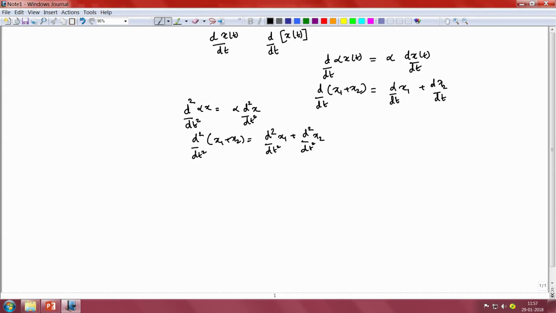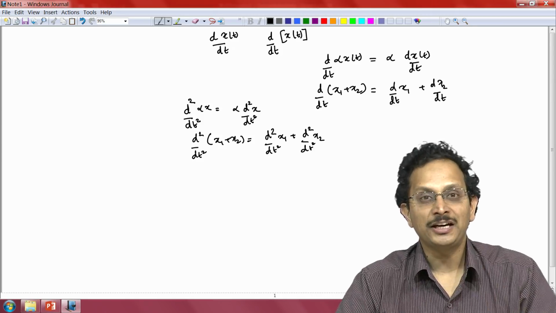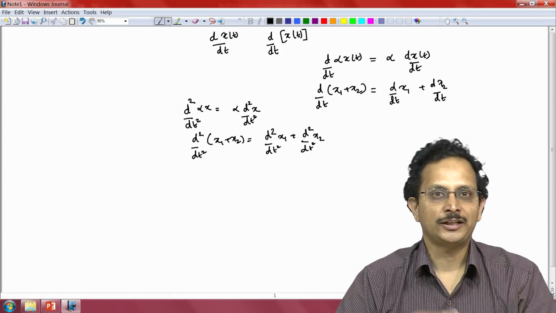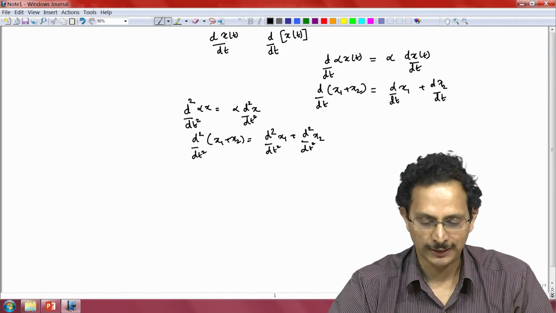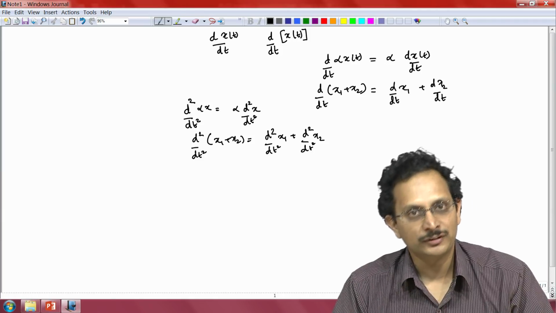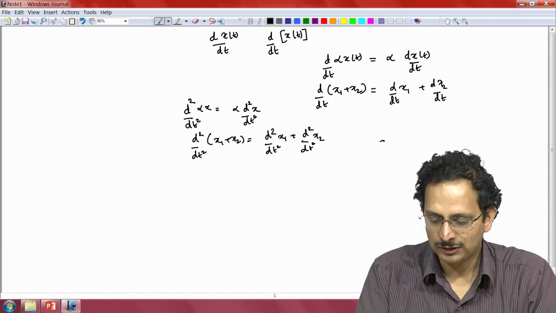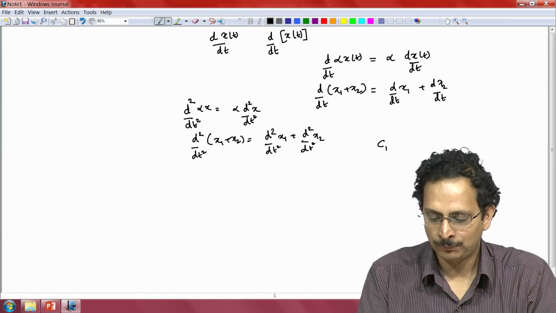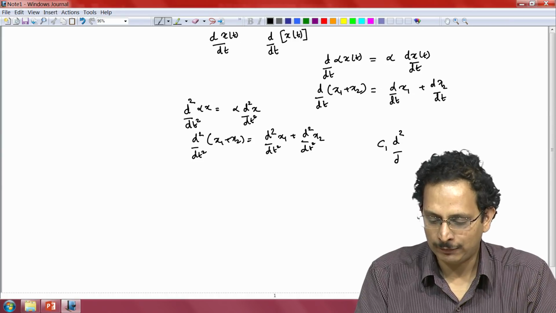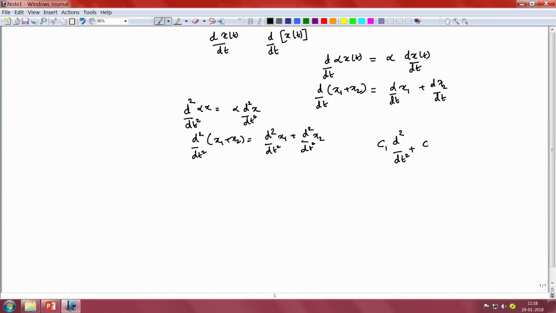So we have found two other operators, namely a differential operator and a second derivative operator, both of which satisfy additivity and homogeneity. How about a linear combination of these operators? So for example, some constant C1 times the second derivative operator plus another constant C2 times the differential operator plus some proportionality gain k. Is this something that obeys additivity and homogeneity?